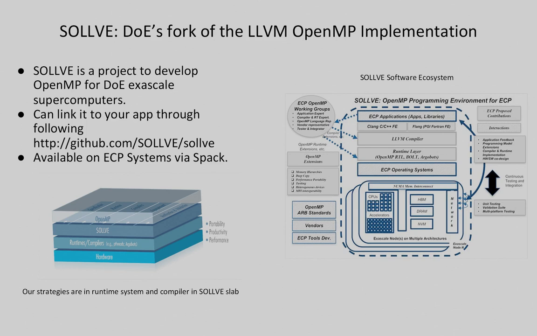The SOLVE areas of impact are shown in this 3D cube figure below, and as noted, the SOLVE project aims at an OpenMP that provides portability, productivity, and performance on ECP systems.